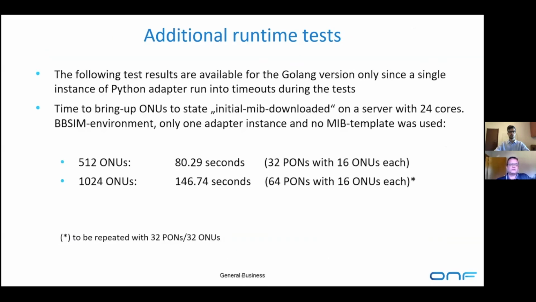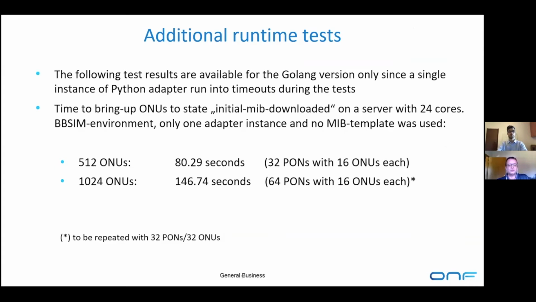There were also some additional runtime tests done. The following test results are available for the Go version only, since a single instance of the Python adapter ran into timeouts during the test for 512 and also for 1024 ONUs.